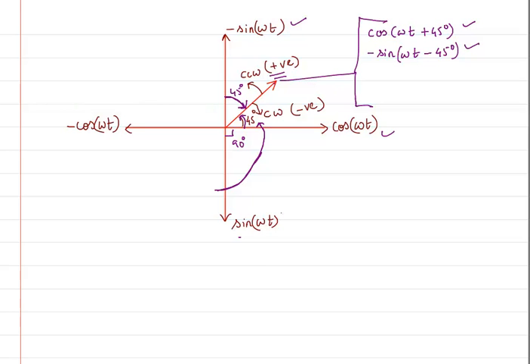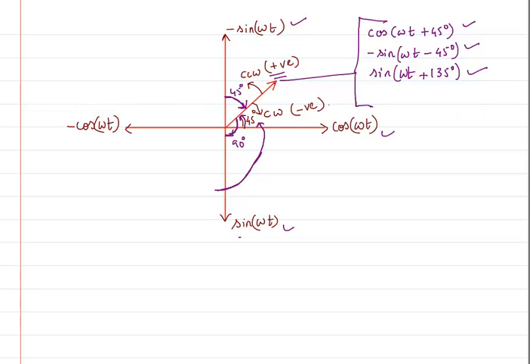So I can write it as sine omega t, from this axis, and it has traveled counterclockwise, so it is plus 90 plus 45. What is the total angle? 90 plus 45 is 135 degrees. This is also correct. These are all correct.